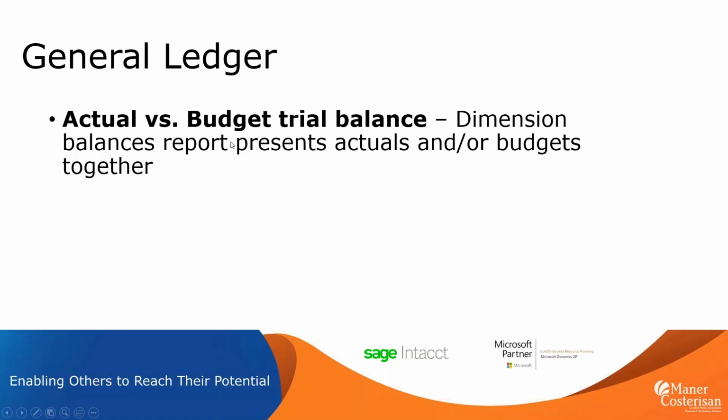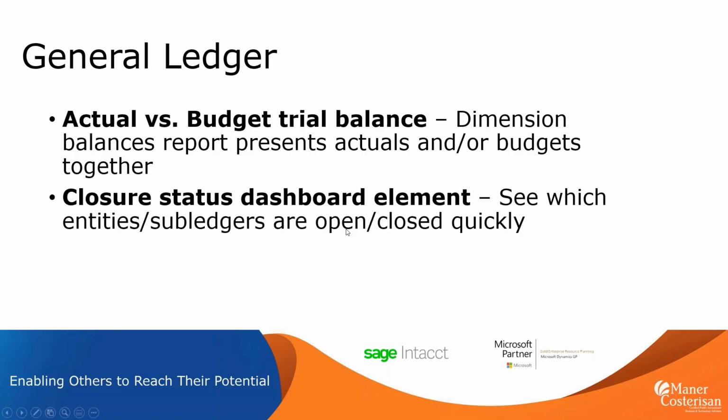It now allows you to weave in actuals and or budgets together. So you can theoretically run a report just with a trial balance, essentially just with budget numbers instead of actuals. You can kind of use it how you please, but I thought it was really cool.